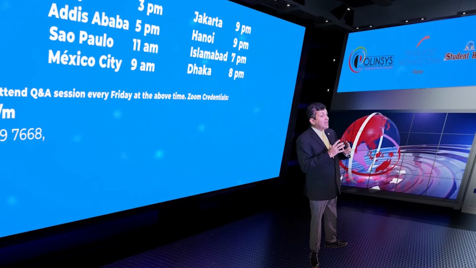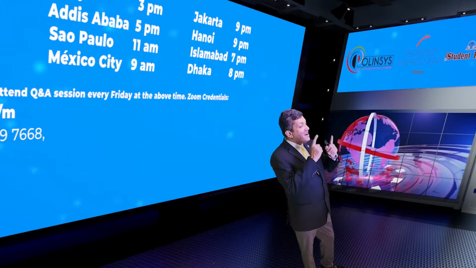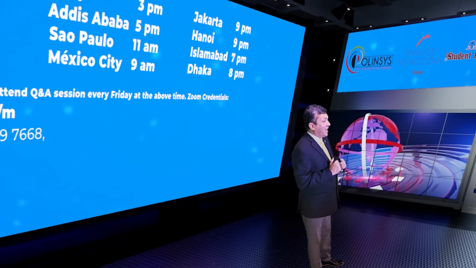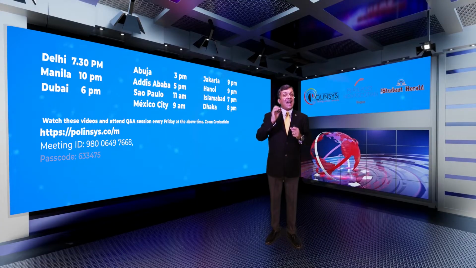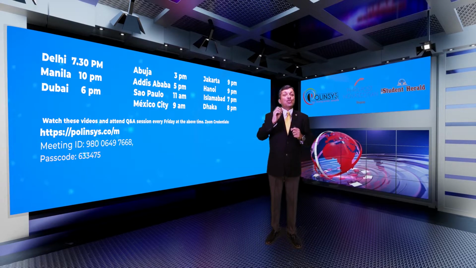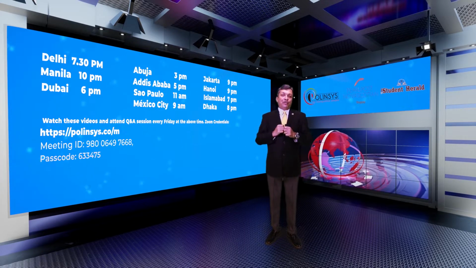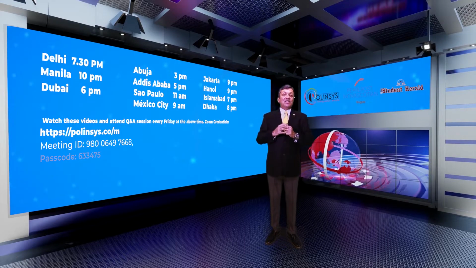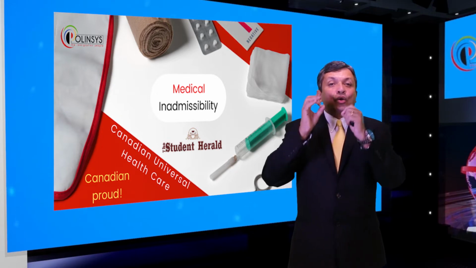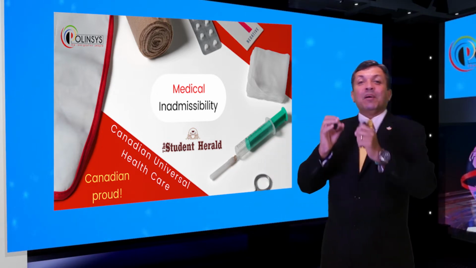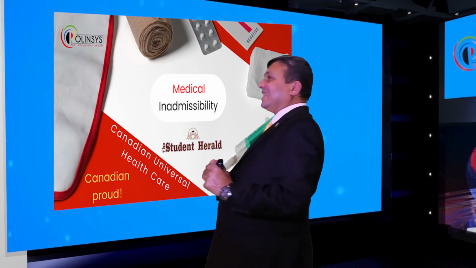Therefore, please review inadmissibility conditions even before embarking on your Canadian adventure. Understand admissibility and ensure you do not fall under any of the inadmissible conditions, and if you are, then please do not attempt Canadian permanent residence unless you remedy that situation.